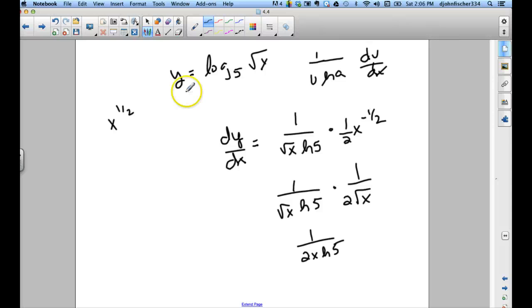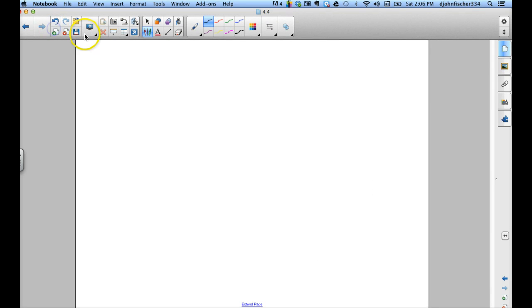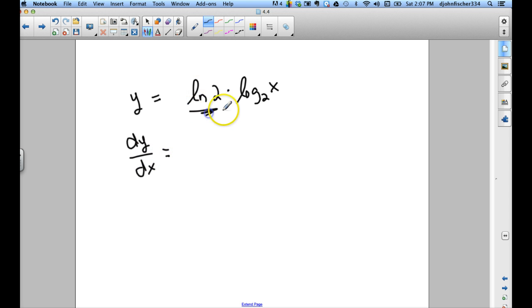Let's try 25. I'm just going to try a few problems here. For 25, we've got natural log of 2 times log base 2 of x. Now, a lot of people get confused on this one. Y equals, because you get that natural log of 2, but that's just a number. So if we're taking the derivative of this, we can just move that out front and not worry about it.